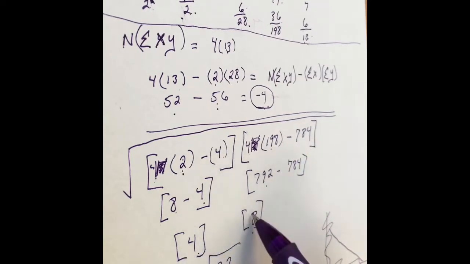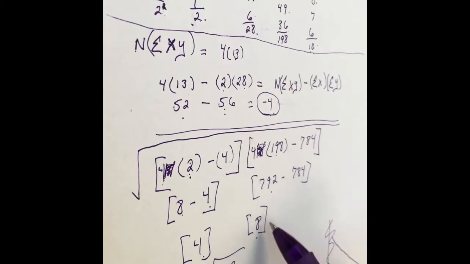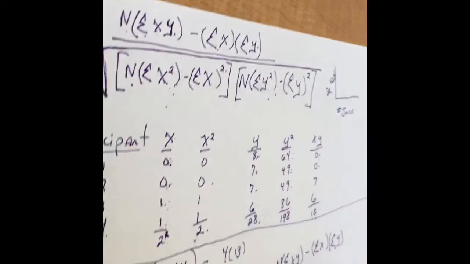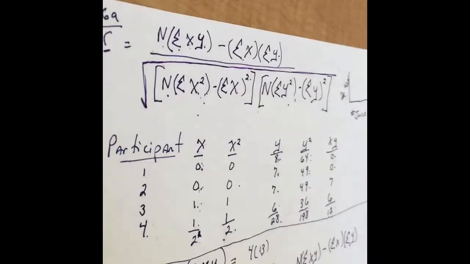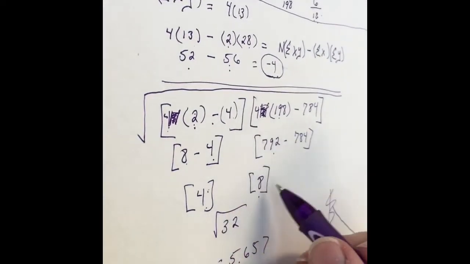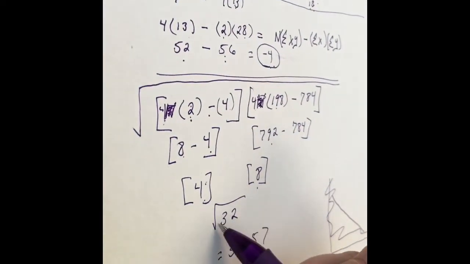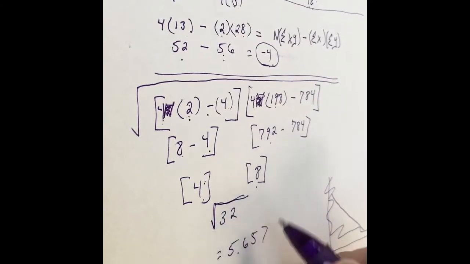Now we just multiply these two together. This is what was in this bracket, and this is what was in this bracket. 4 times 8 is 32. We don't want to forget that we have to take the square root of that.